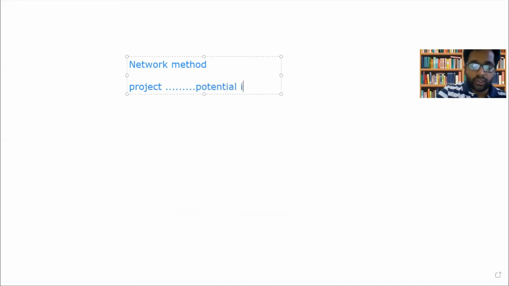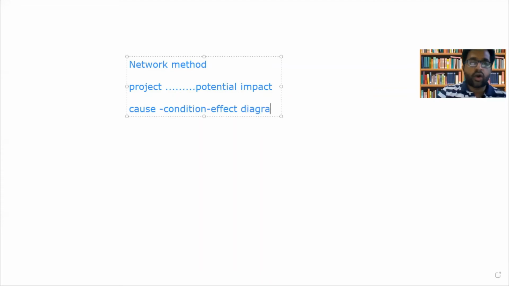Due to the project, what is the potential impact? This project and potential impact will be related with a type of network diagram known as the cause condition effect diagram.